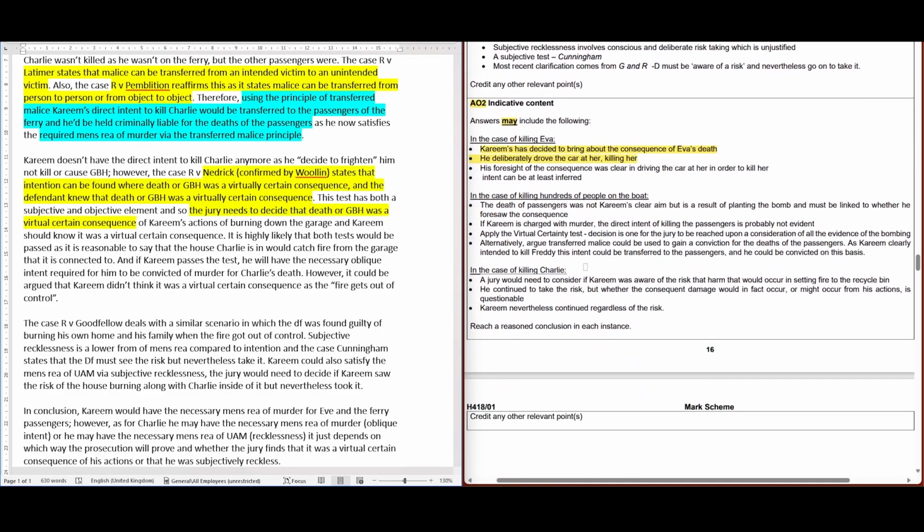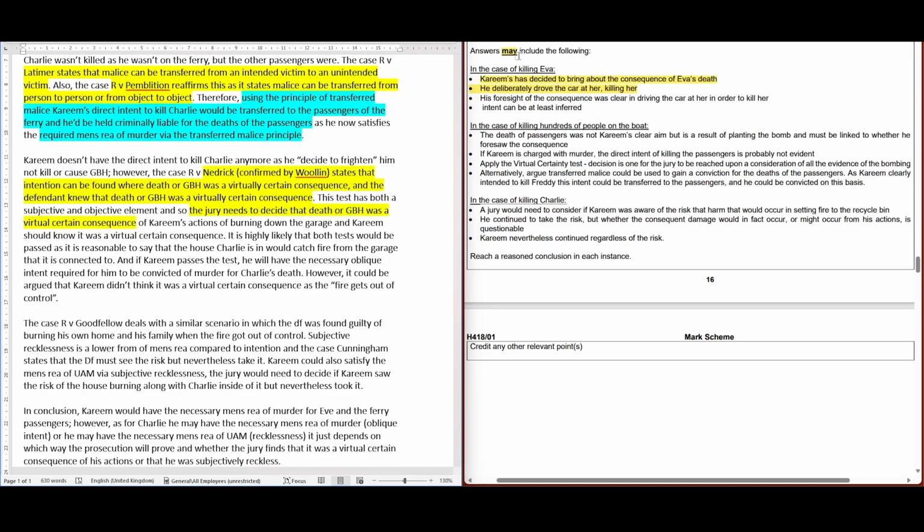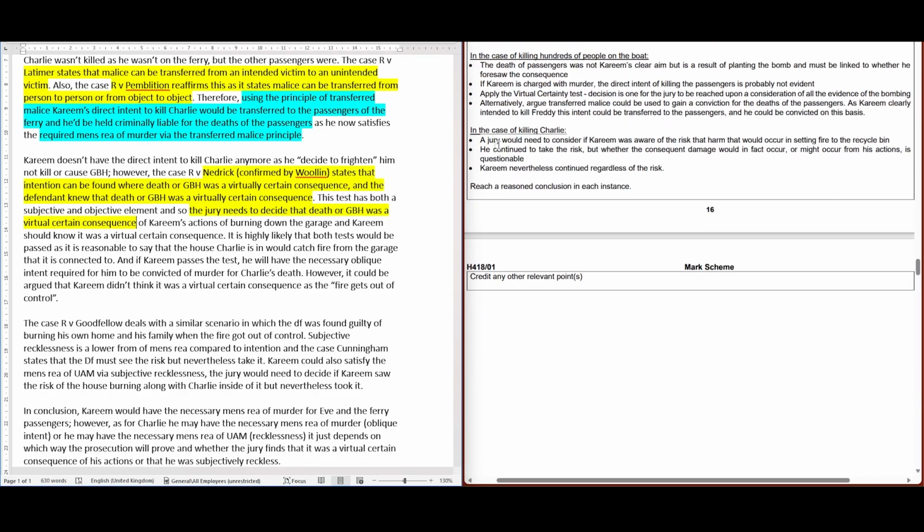So let's see what the mark scheme has written for the AO2. In the case of killing Charlie, a jury would need to consider if Kareem was aware of the risk that harm would occur in setting fire to the recycle bin. That was not written in the scenario.